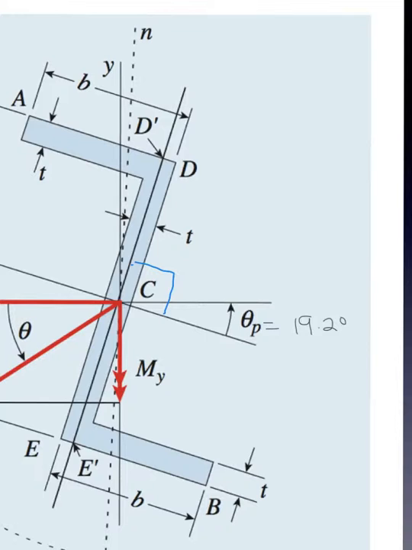Therefore, the angle between this axis, which is alpha, must equal 90 degrees minus 19.2 degrees. For now, we'll just refer to it as alpha. You will notice in the solution that they mostly used theta p and not alpha.